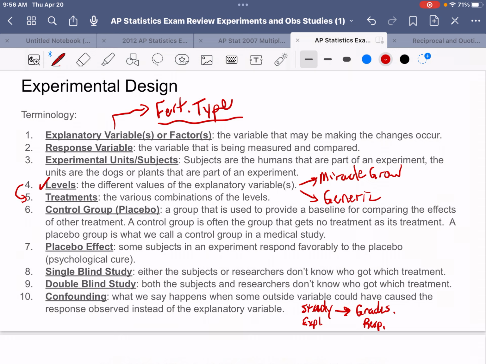Isn't it true that sleep could also have an effect on grades? So we say that sleep could confound the experiment if you don't control sleep. So confounding is when an experiment is ruined by an uncontrolled variable that could have actually caused the change in the response.